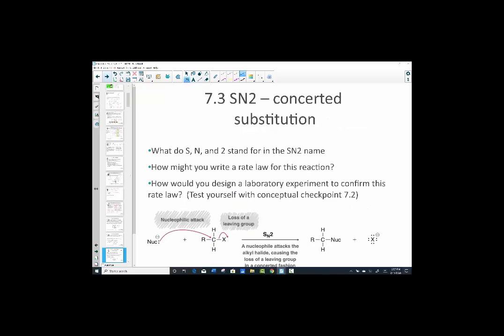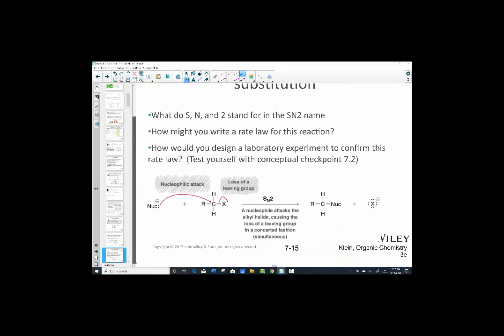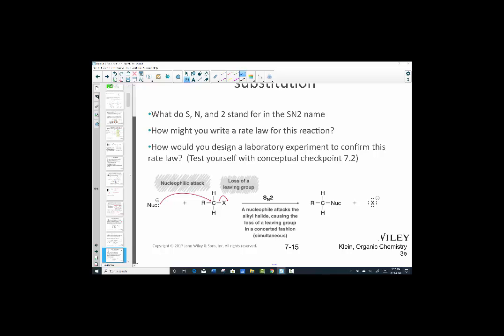So what does S and N and 2, what does that all stand for? How might you write a rate law for this? And what would you design in terms of a laboratory experiment to confirm this rate law? Let's take each one of those questions at a time. The S stands for substitution. The N stands for nucleophile.